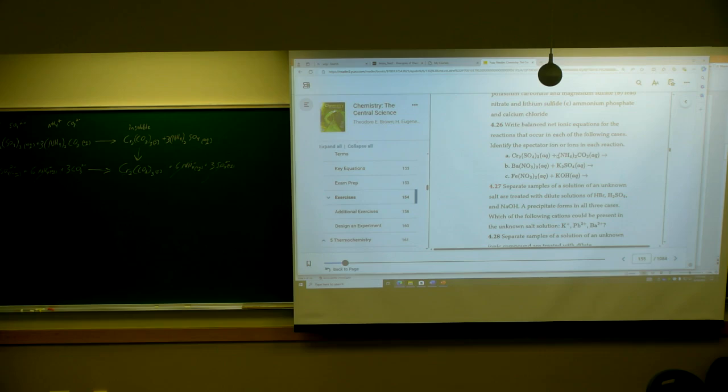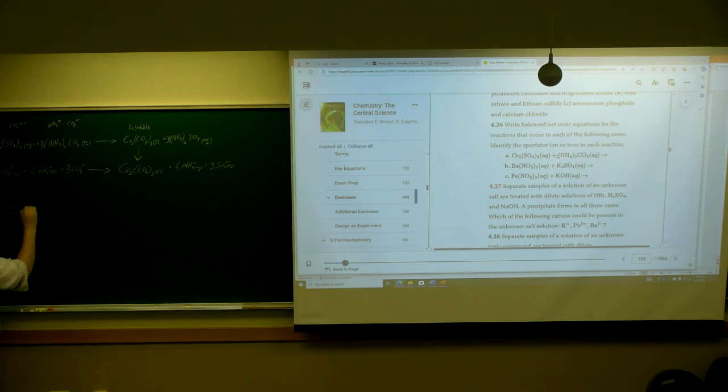And now here's the net. This is the complete equation. So that's what these are called.